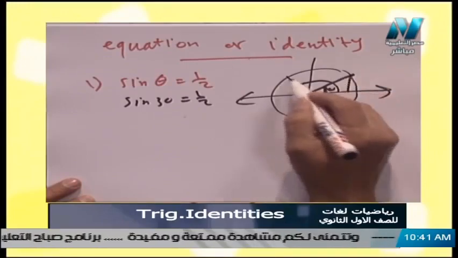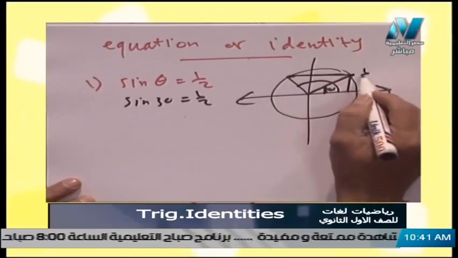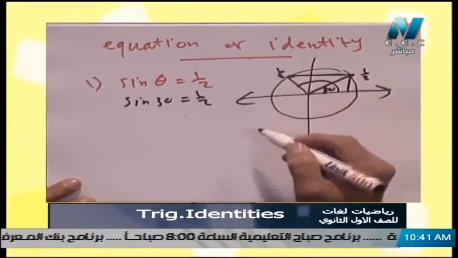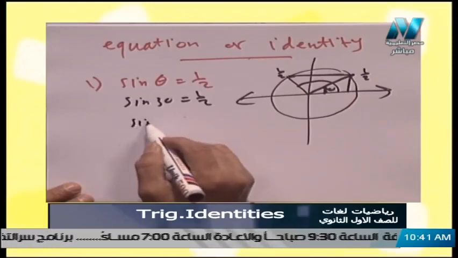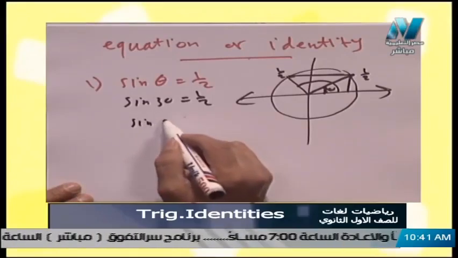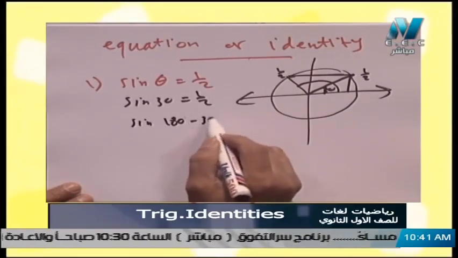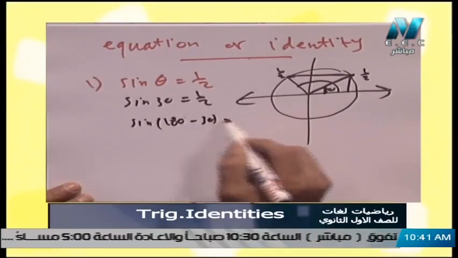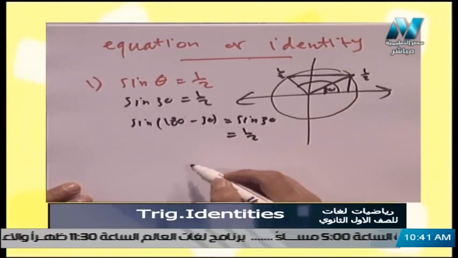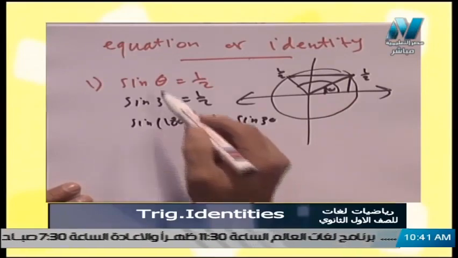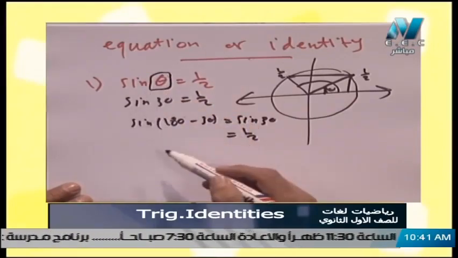They give the same value, half. So sine 30 equals half, and sine of 180 minus 30 also equals half, but not for all theta.